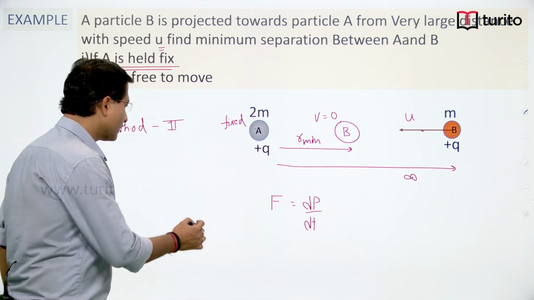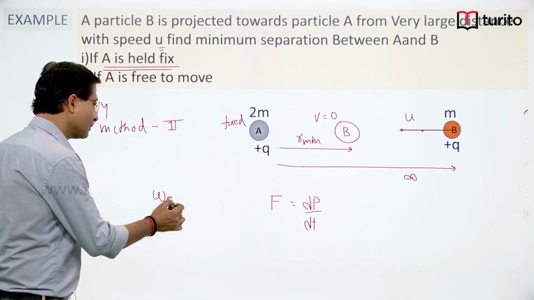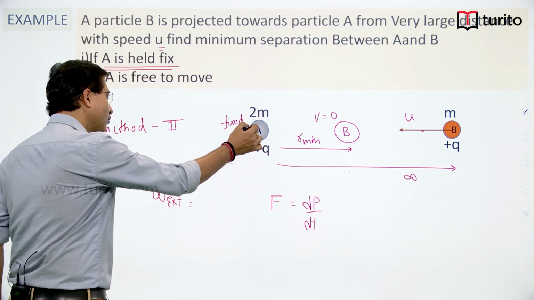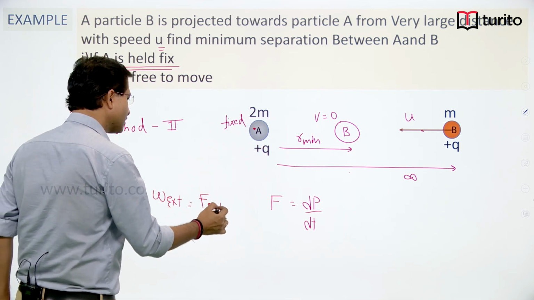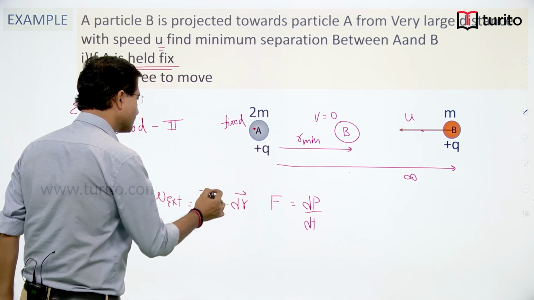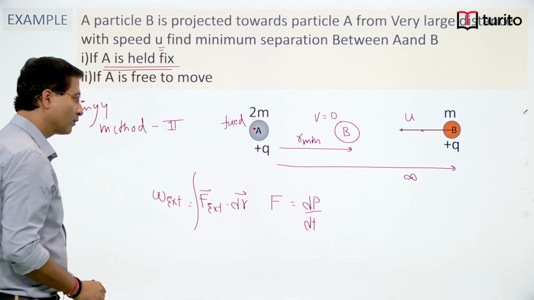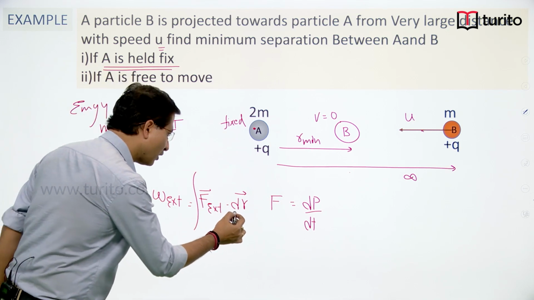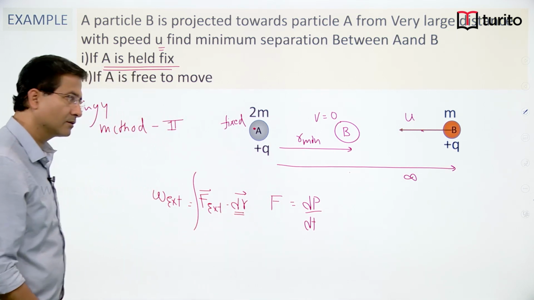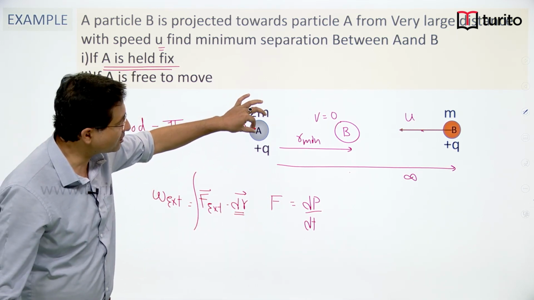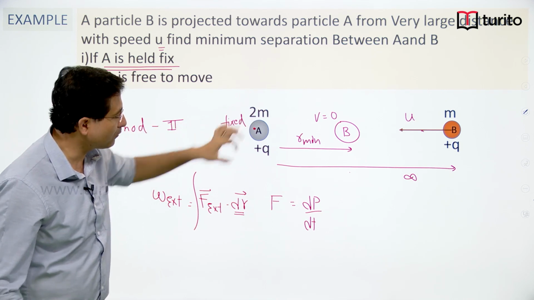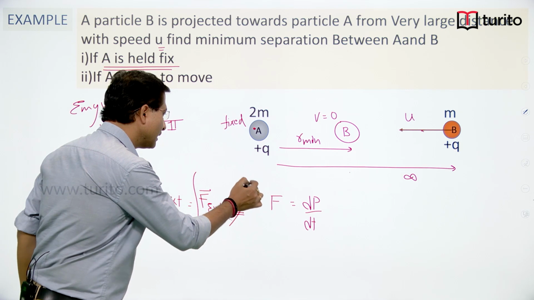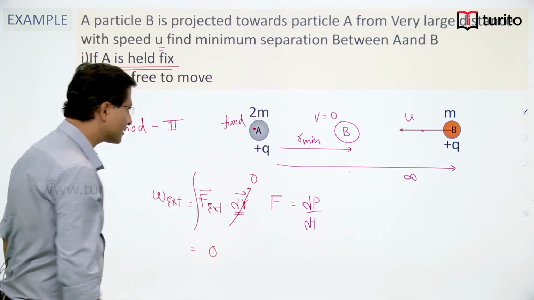What is the definition of work? Work done by external, so I am talking about the force coming from the hinge. Work done by external is equal to force external dot displacement of point of application of force. As the point of application always remains stationary, there is no displacement, so this quantity is 0 and work done by external is 0.